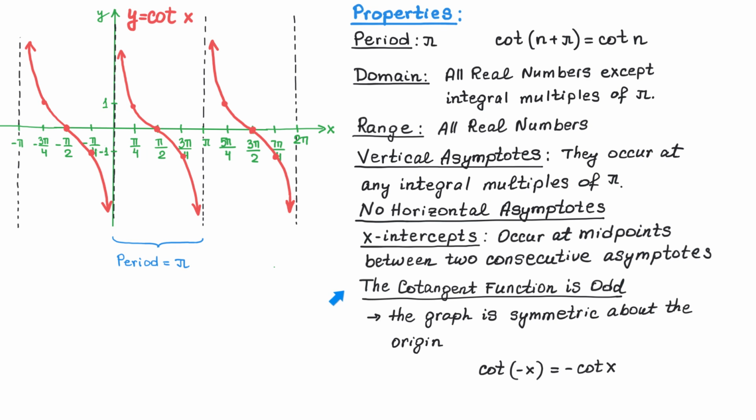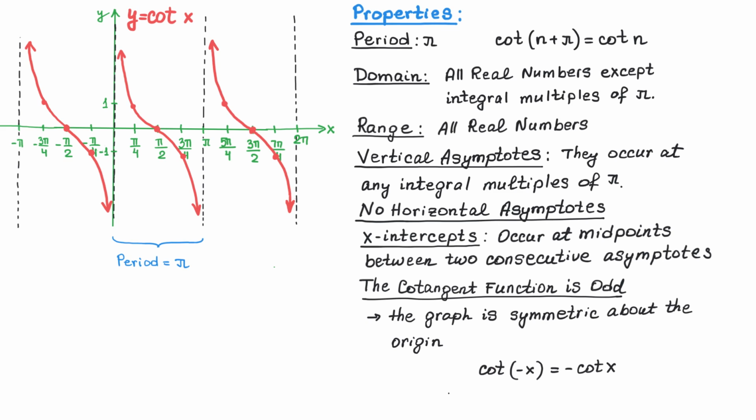The cotangent function is an odd function, and this tells us that the graph is symmetric about the origin. This means that cotangent of -x equals negative cotangent of x. For example, if we look at the graph, cotangent of pi over 4 is 1, but cotangent of negative pi over 4 is -1.